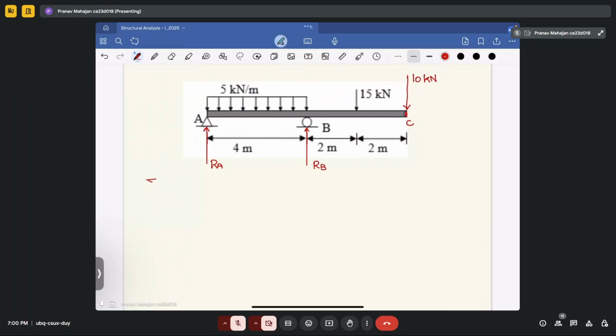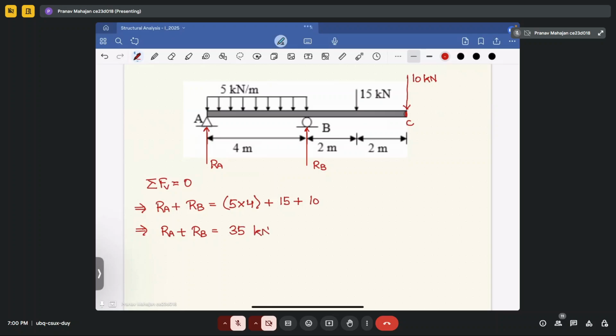So taking summation of forces in vertical direction equal to 0, your RA plus RB will be equal to 5 into 4 for the UDL plus the concentrated load of 15 kilonewton plus this 10 which is coming from the internal hinge. If you calculate that, your total value will come out to be 45 kilonewton.